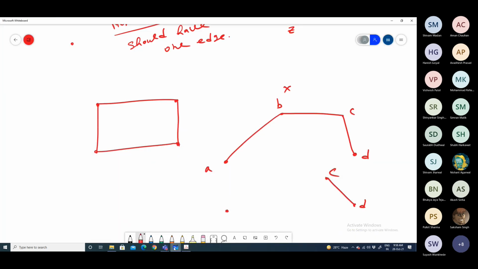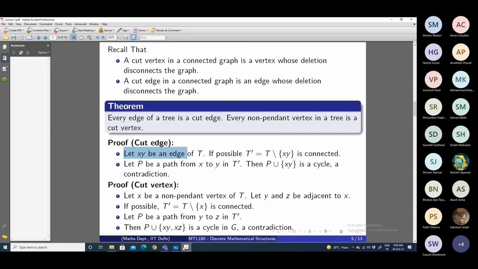Suppose, if possible, that after removing XY, T dash is still connected. Then there is a path P from X to Y in T dash. This path P does not contain the edge XY, so if you add XY, it forms a cycle, which is a contradiction. Therefore T dash must be disconnected. So we are done.